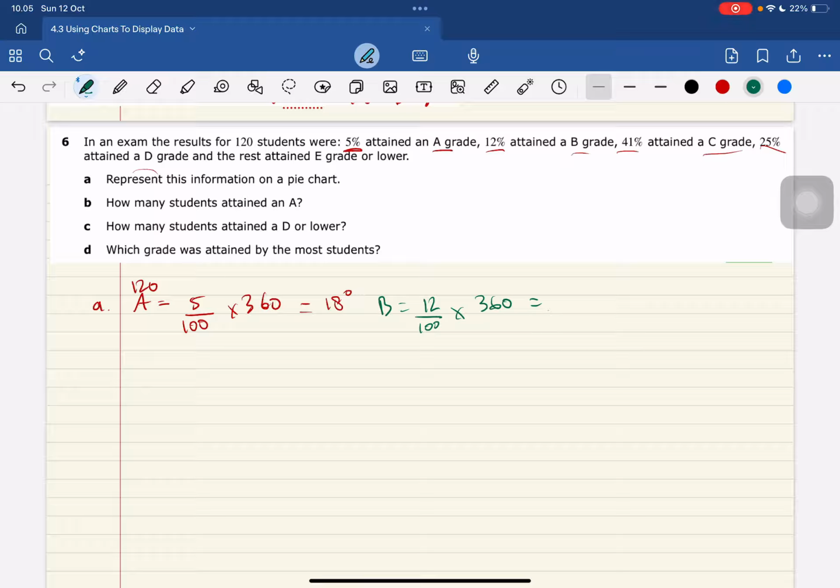So this gonna be B 43 degree. Next, we got C. So it means 25 over 100 times 360 degree. So let's simplify. So this is gonna be 148 degree.